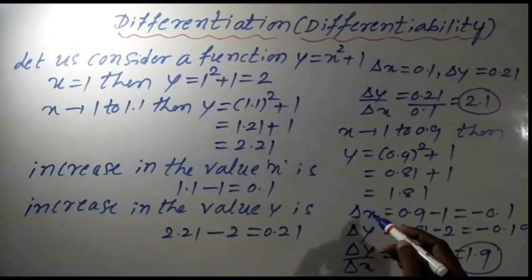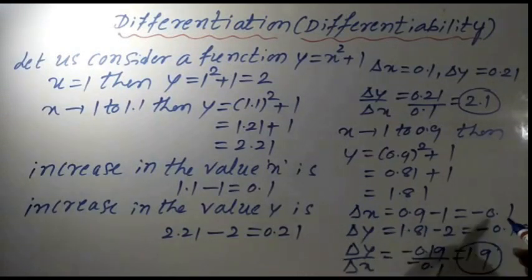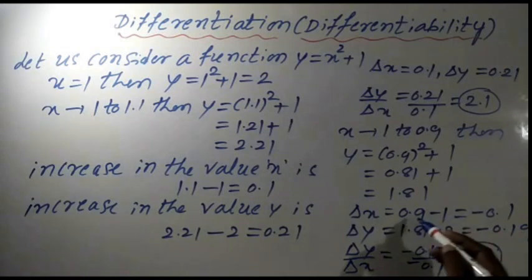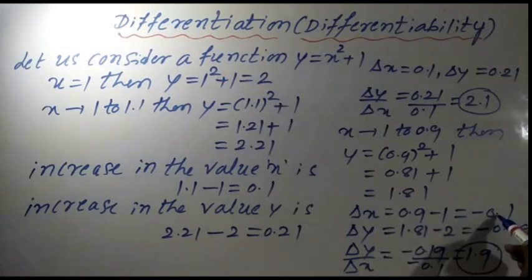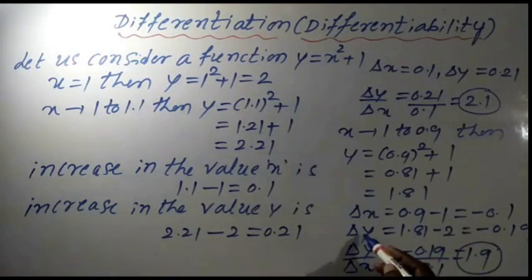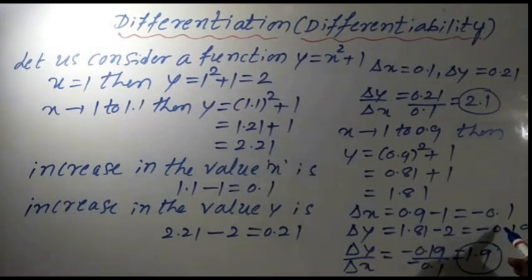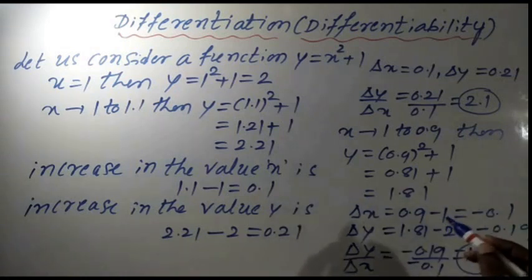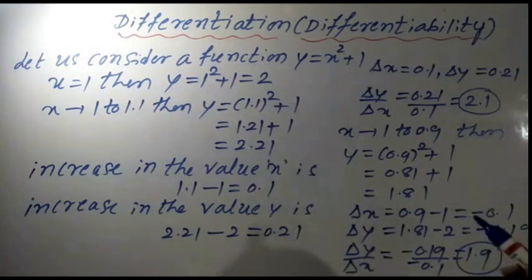Delta x and delta y are decrements, because 0.9 minus 1 is equal to minus 0.1, and delta y is equal to 1.81 minus 2 is equal to minus 0.19. These two results are negative. Therefore, these are decrements in both x and y. Therefore, the decrementary ratio delta y by delta x is equal to 1.9.